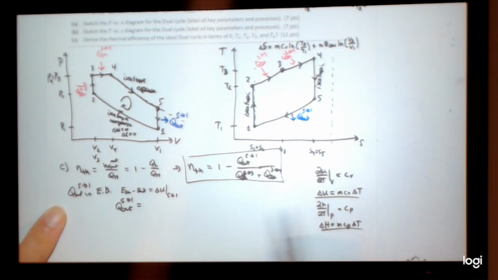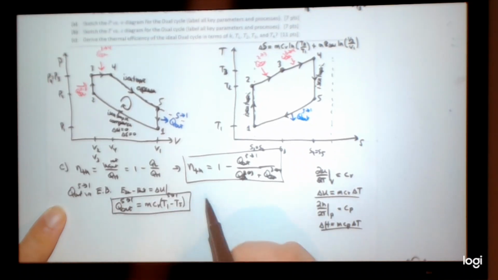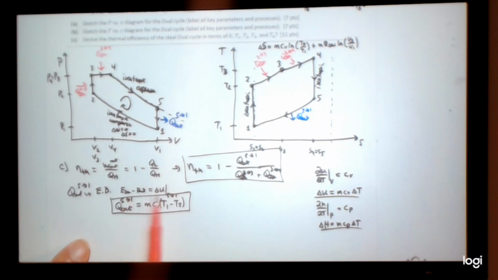equals, and then I have this, so I have mass, CV, T1 minus T5. See, that one is pretty simple. This just came straight from the energy balance. So I wrote my energy balance simplified to this equals delta U 5 to 1.